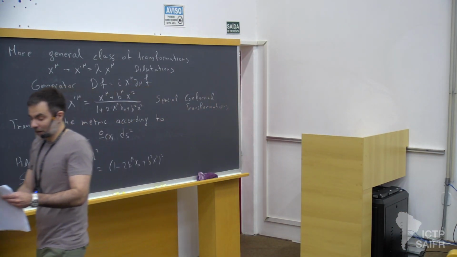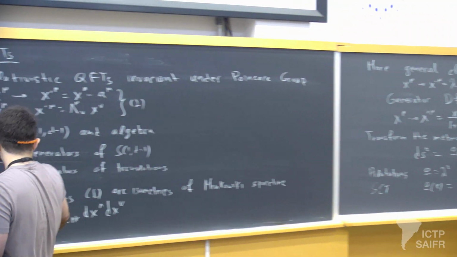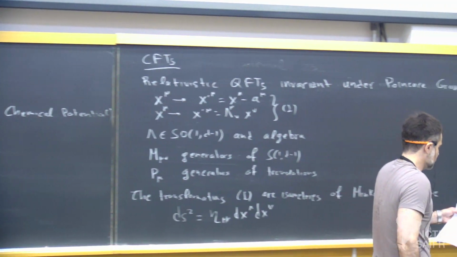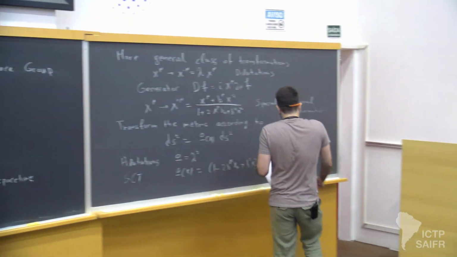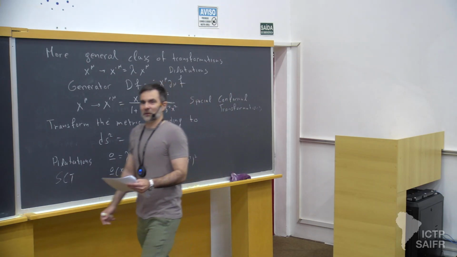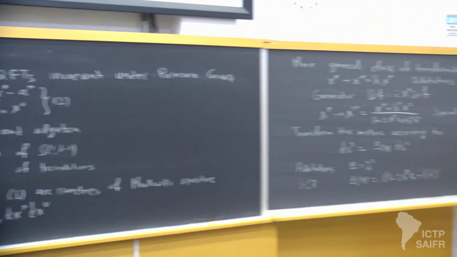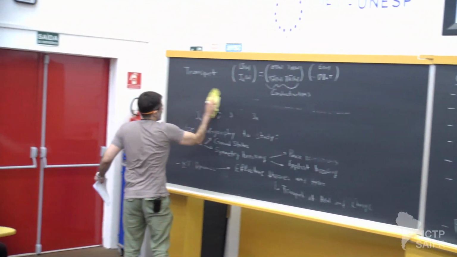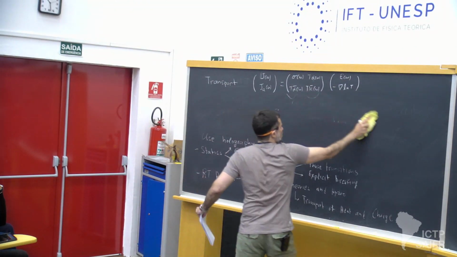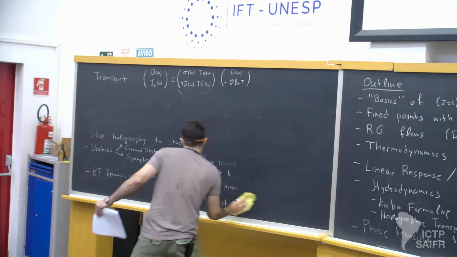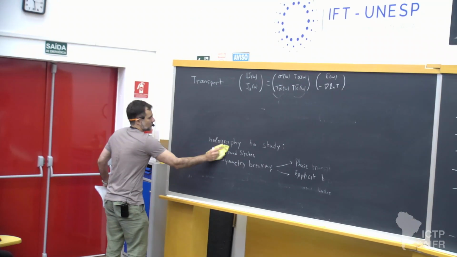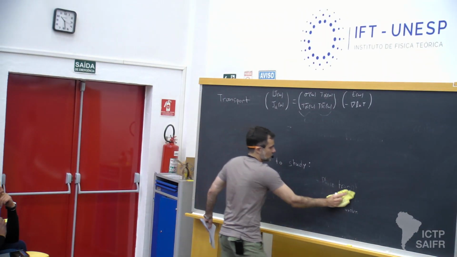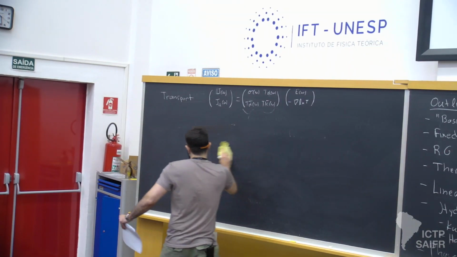So this is obviously not a symmetry of Minkowski space. However, it should give you a symmetry of your theory. And in order to be a symmetry of your theory, it means that the fields that participate in your theory will have to transform in a specific way under these transformations.